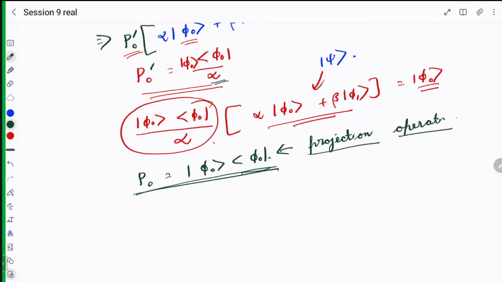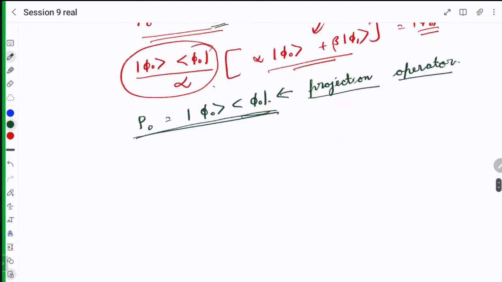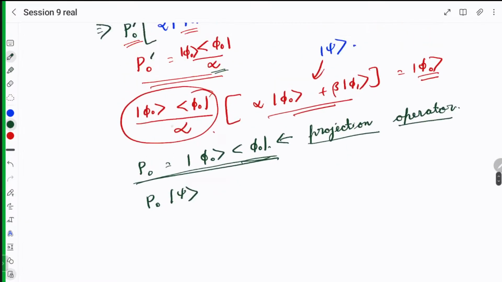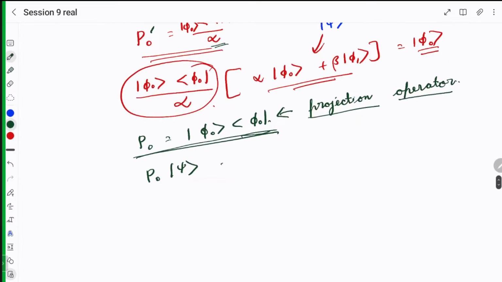So if I take P naught on psi, just this part without the alpha, then what will I get? I'll simply get ket phi naught, and this is acting on this.